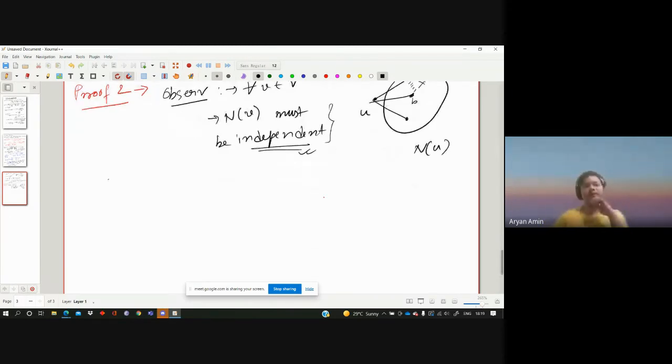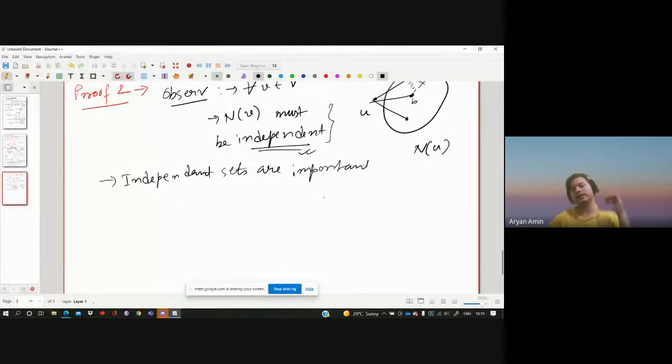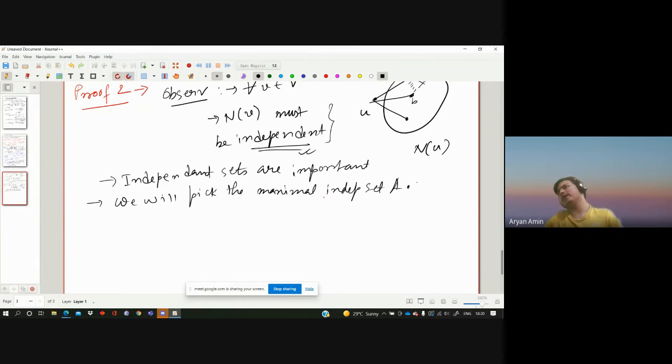This tells you that independent sets are important, because they are coming up a lot. Every vertex induces an independent set. So what we will do is pick a maximal independent set. This is a kind of local idea because you are dealing with a specialized structure.